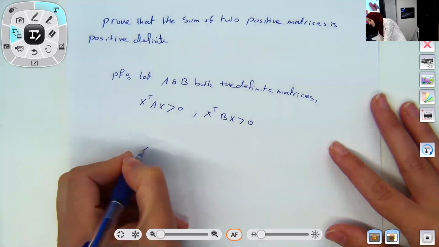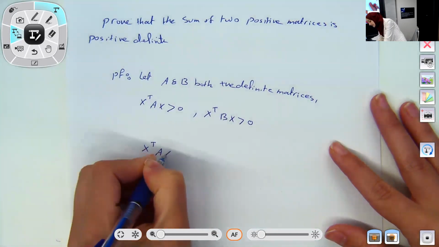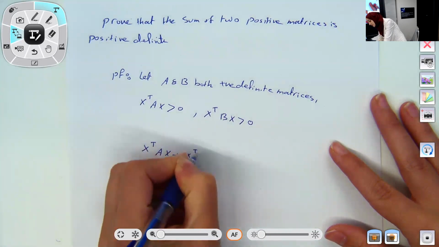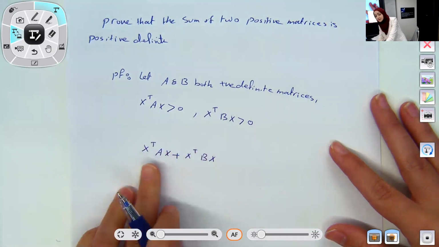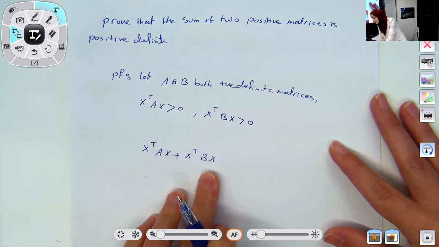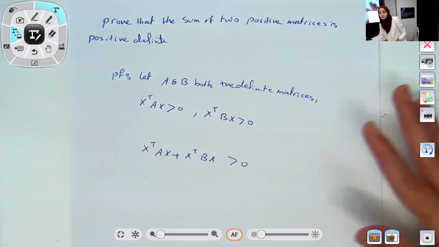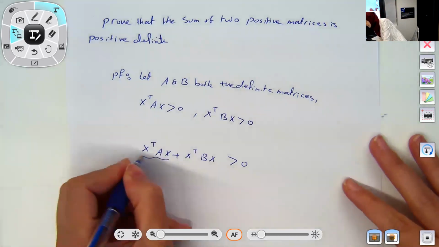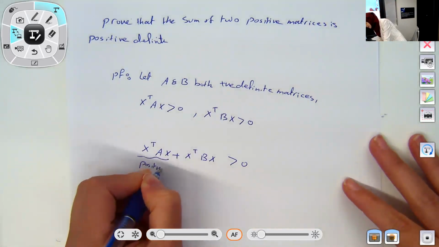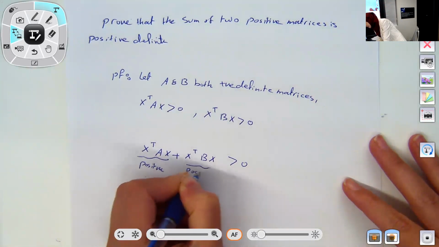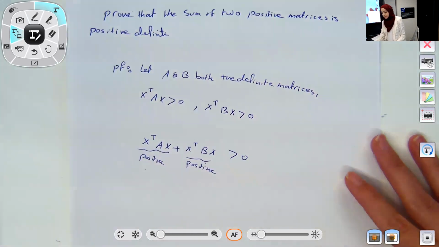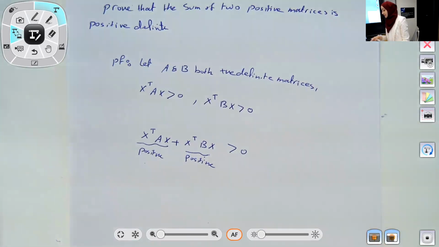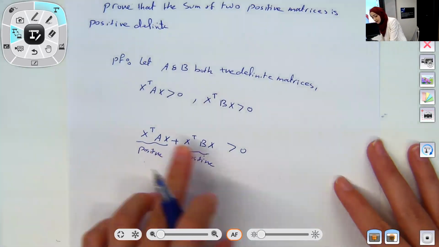If we find x transpose A x plus x transpose B x, positive plus positive is always positive. This is from real numbers: positive plus positive gives you positive. So these two values are positive.